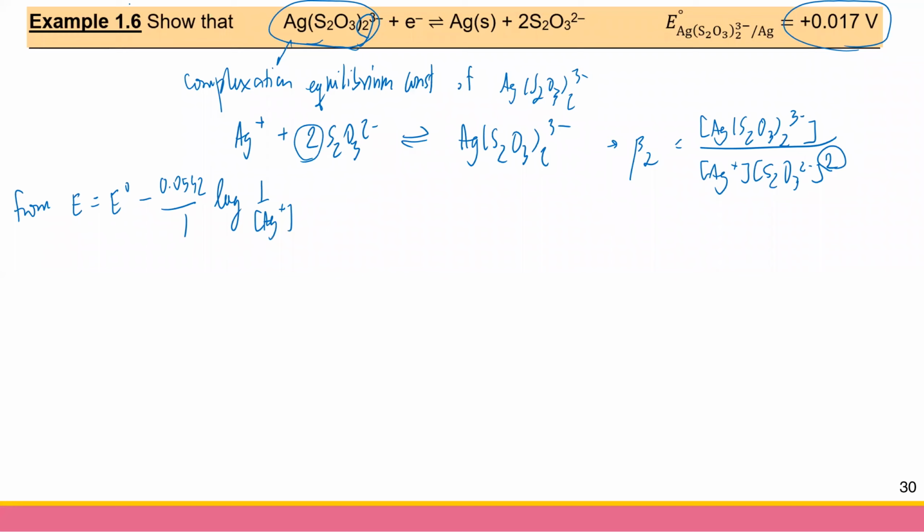How to do this? You need to rearrange this, right? So it's going to be beta 2 multiplied by thiosulfate squared over silver thiosulfate equal to 1 over silver.